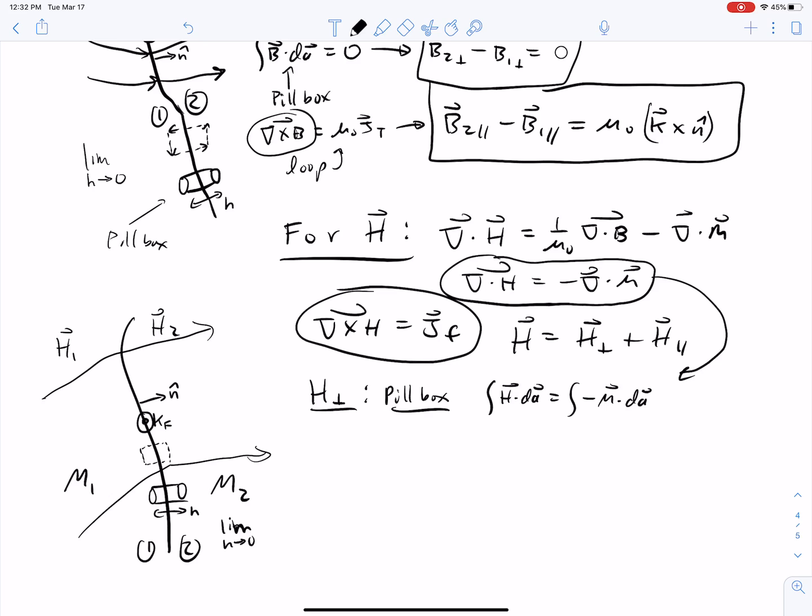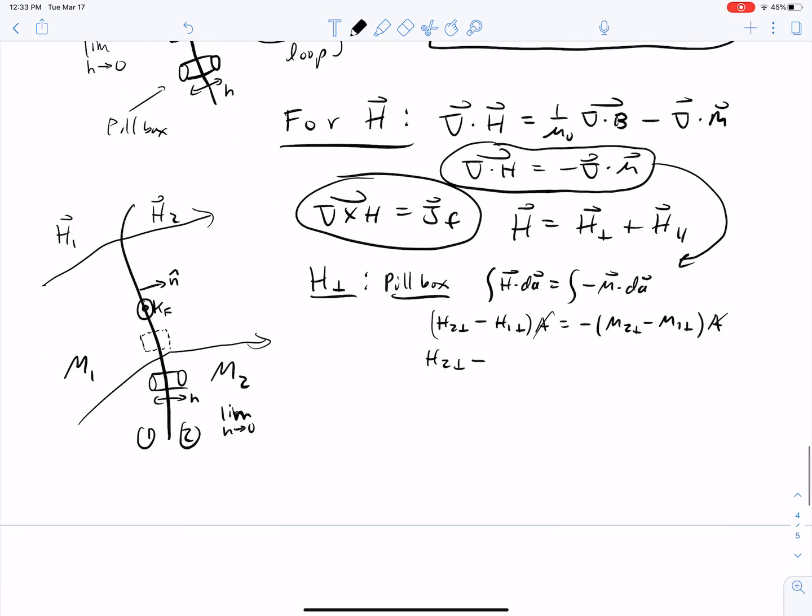And so when we do this on the pillbox, we're going to get H2 perp minus H1 perp times A is equal to negative M2 perp minus M1 perp times A of the pillbox, so the A's cancel, and we see that the change in the perpendicular component of H is exactly equal to the opposite of the change in the perpendicular component of the magnetization.